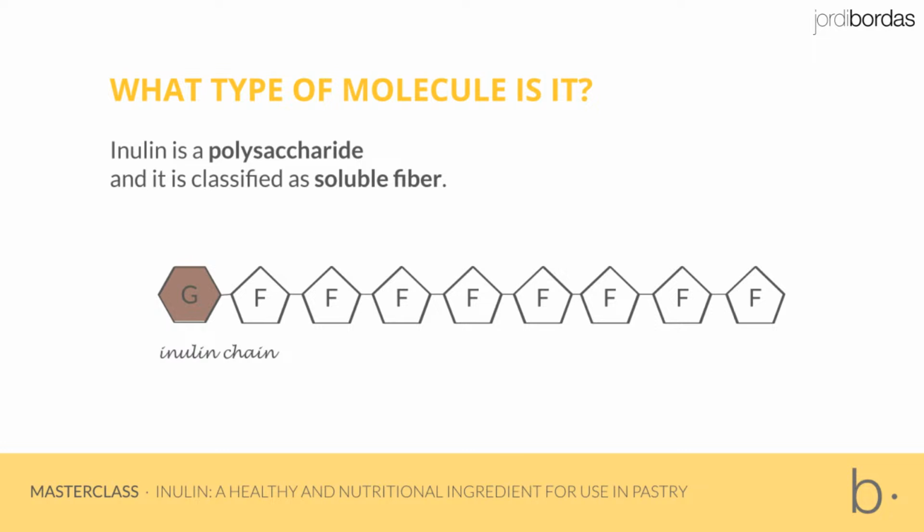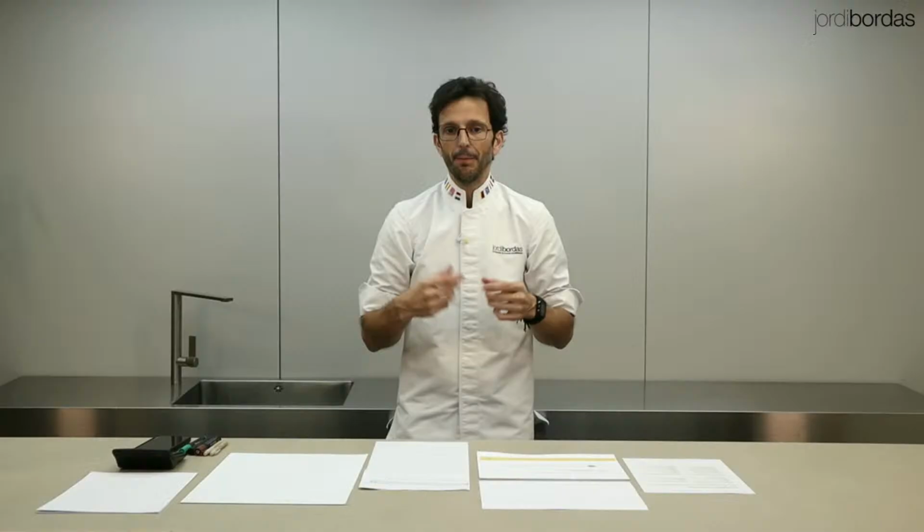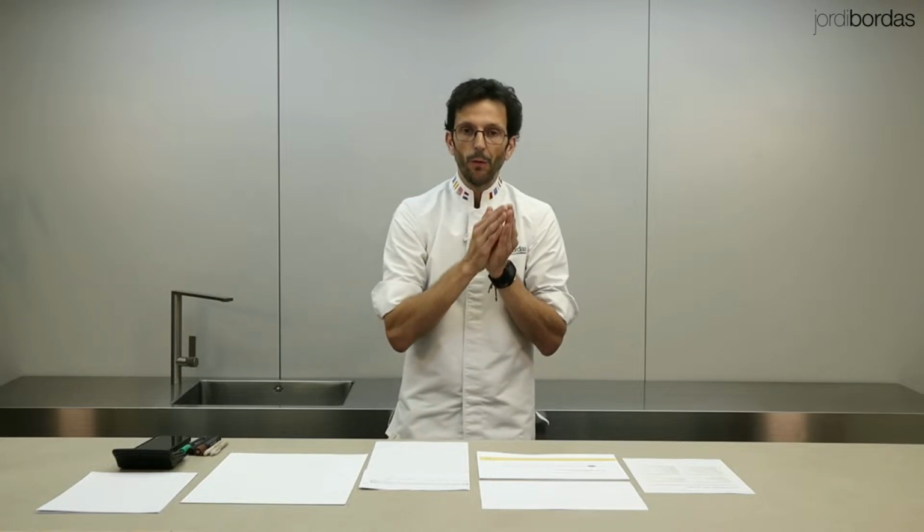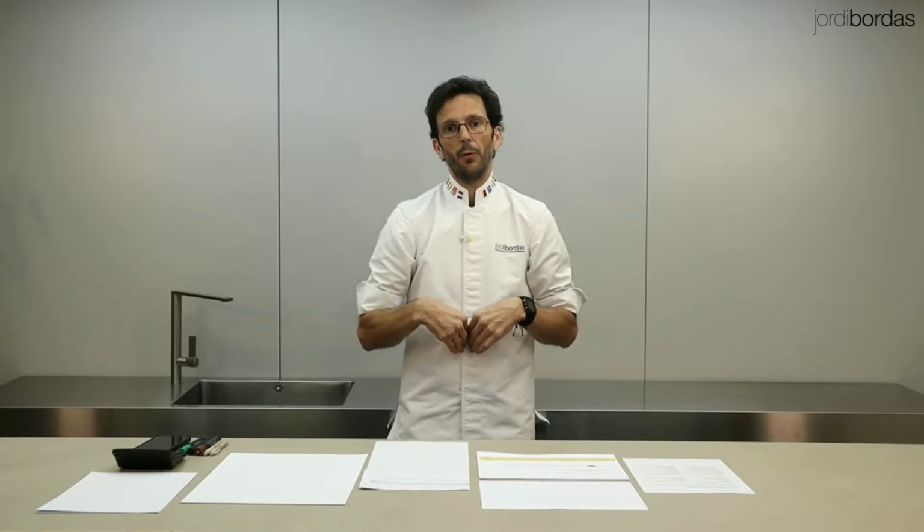When we ingest this kind of fiber, in our digestion process it cannot be cut. The links between the different fructose and glucose cannot all be cut by the enzymes that we have in the digestion system. That means they go through the intestine and they are going to feed the bacteria that we have in our intestine.